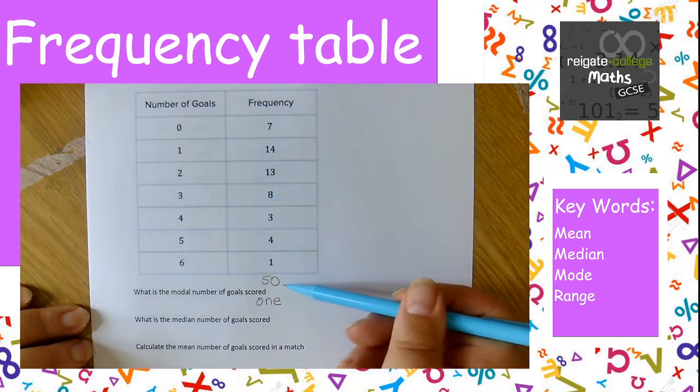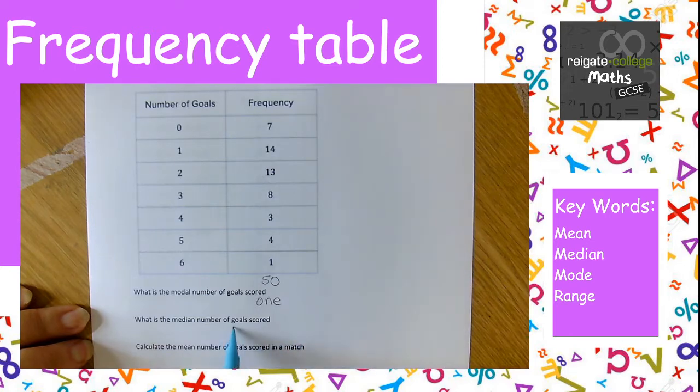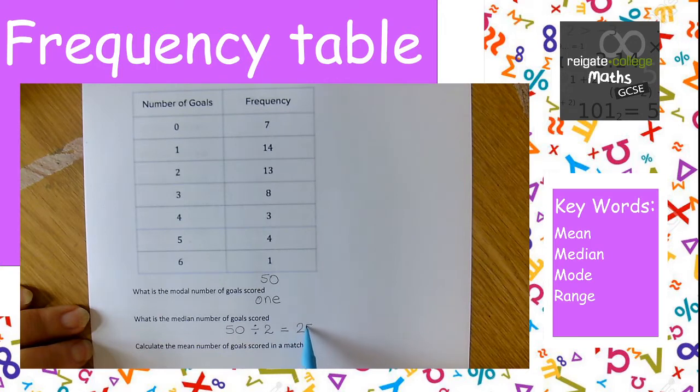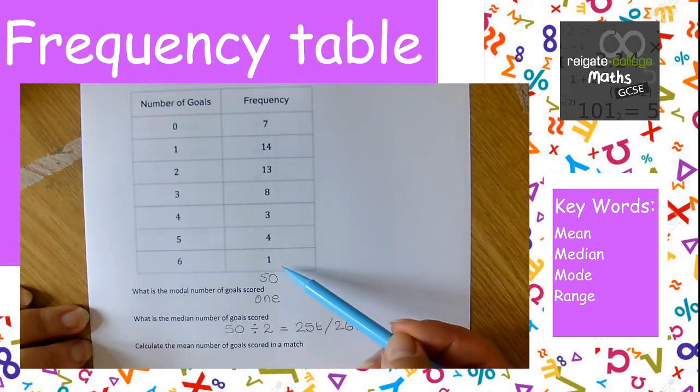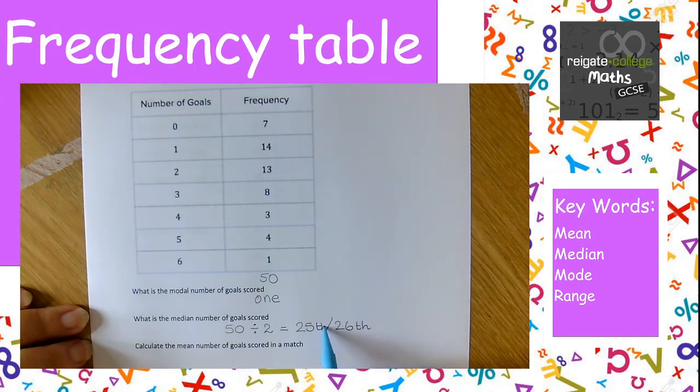If I have a total of 50 matches lined up here, halfway through means if I divide that total of 50 matches by 2, I get the 25th and the 26th match. 25th and 26th because in an even number of events there are always 2 events in the middle. So I am looking from the frequency column for the 25th and the 26th match.